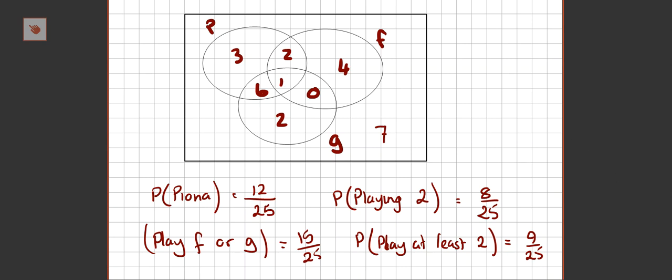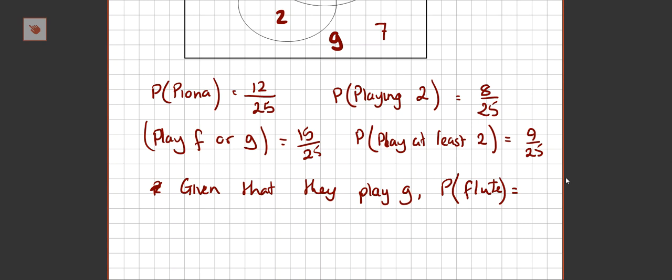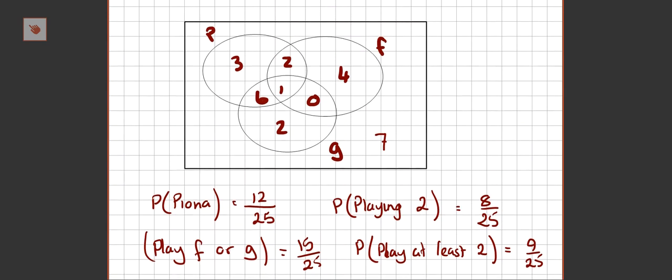So if I said, given that they play guitar, what's the probability of playing flute? So then that would be 1.